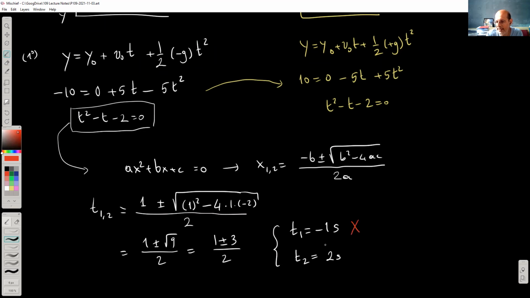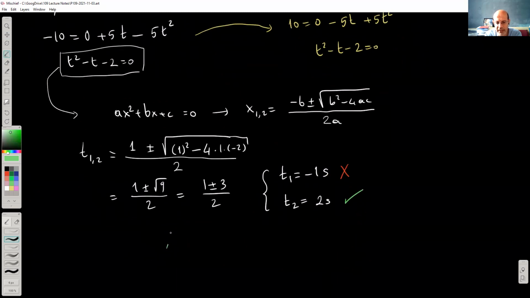The motion starts at time t equals 0. So if the rock falls to the ground, it falls at a positive time greater than 0. So therefore, the second one is the solution, right? So the answer is plus 2 seconds.